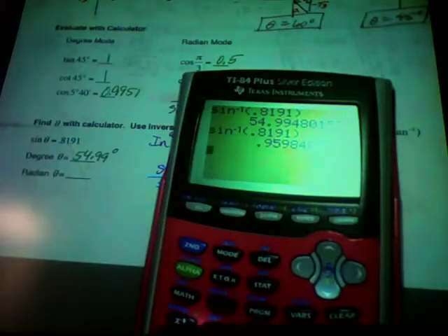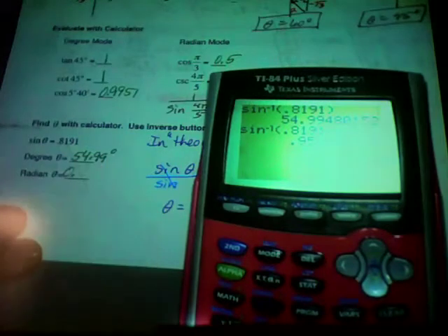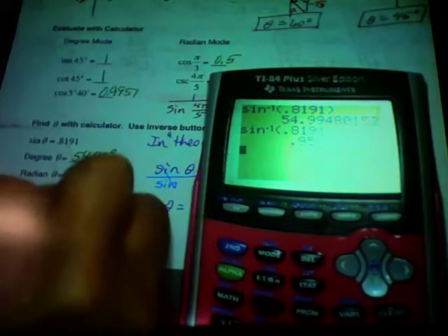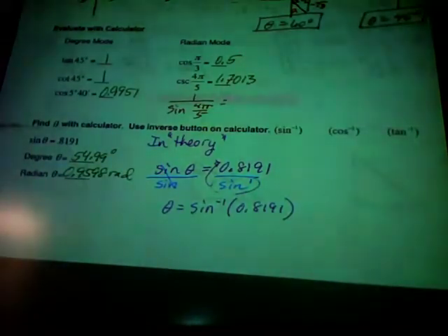Did I get a different answer? Yes, but this time this is in radians, and let's go out to 4 decimal places. So 0.959, what? And I want you to put a rad at the end of that so that in your brain you realize that that's radians and the other one was degrees.